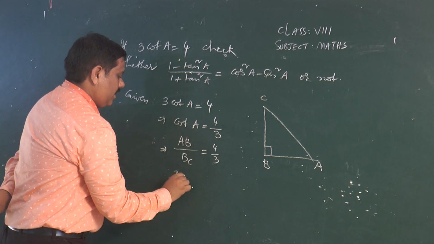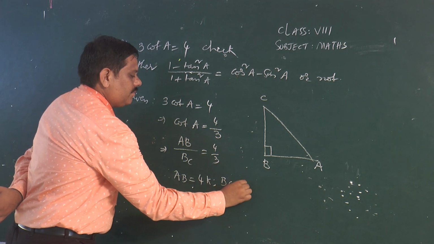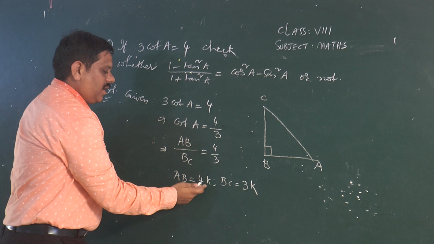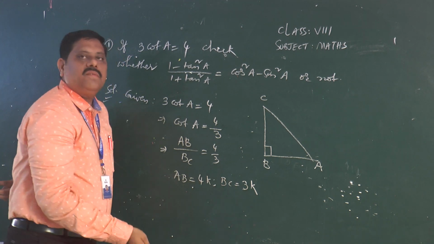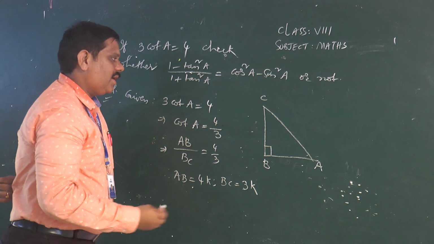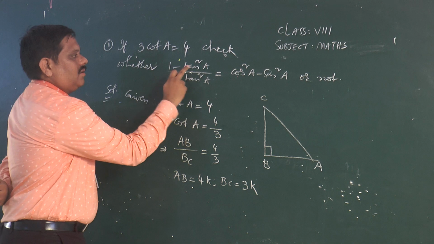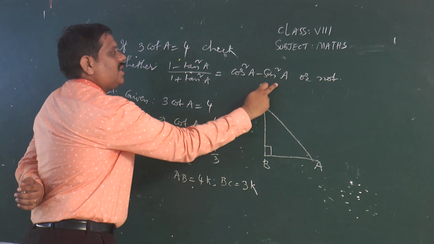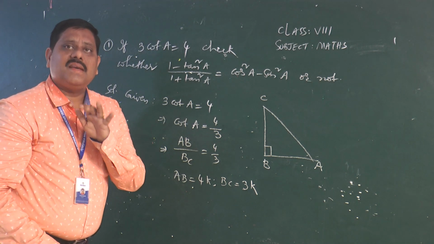Therefore, we can say AB is equal to some 4K and BC is equal to some 3K. As they are in a ratio, we take AB as 4 times some real value and BC as 3 times some real value. BC is equal to 3K. Now we want AC, because for tan it is okay with these two, but if you want to define cos A and sin A, you need to know the value of the hypotenuse, that is AC.